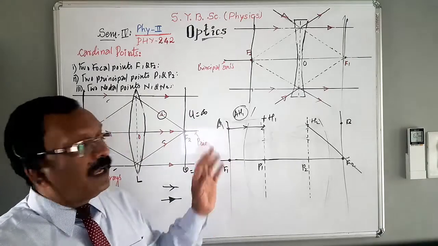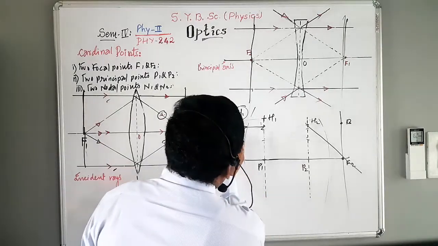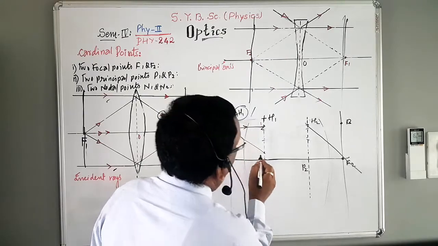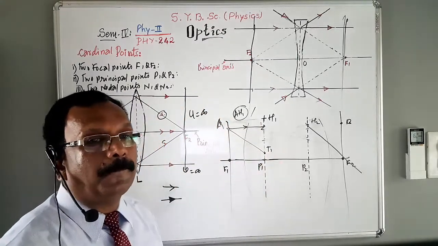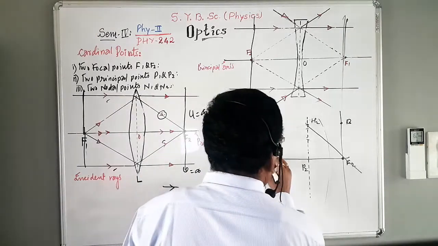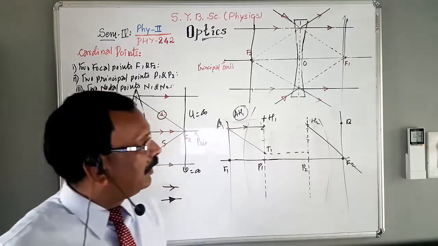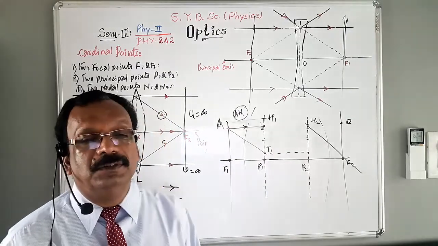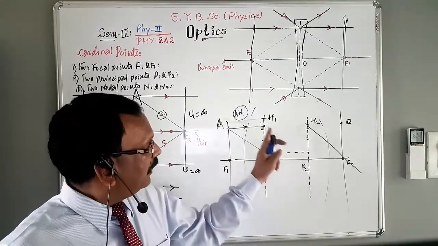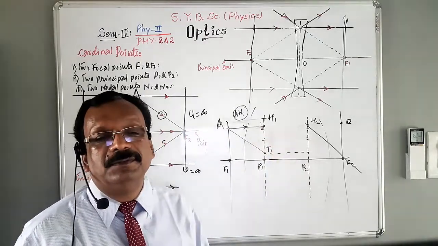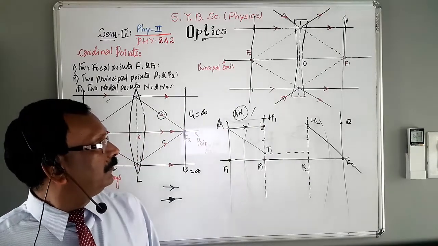Now let us consider another ray, that is AT1, which is parallel to H2 F2 and striking the first principal plane H1 P1.